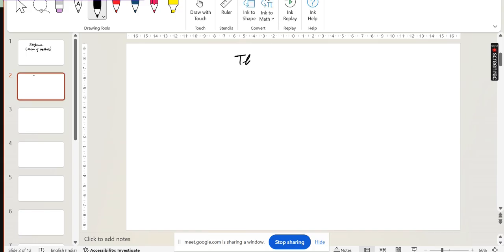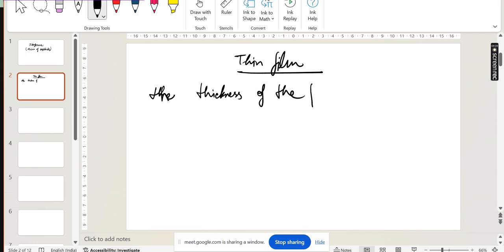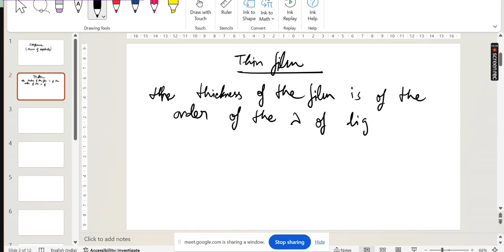So always remember what is called a thin film. A thin film is one where the thickness of the film is of the order of the wavelength of the light.